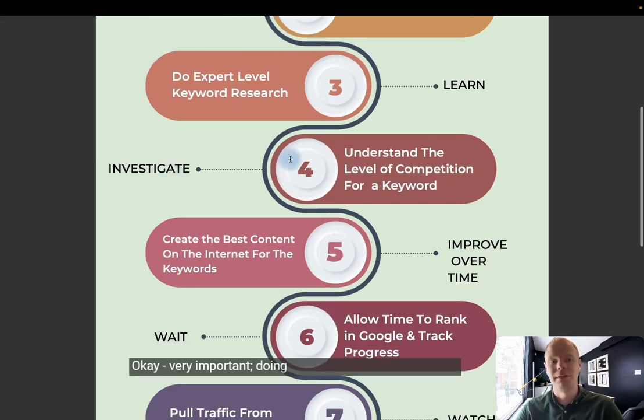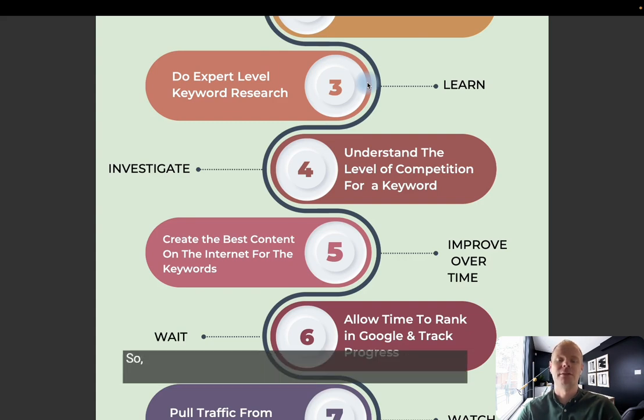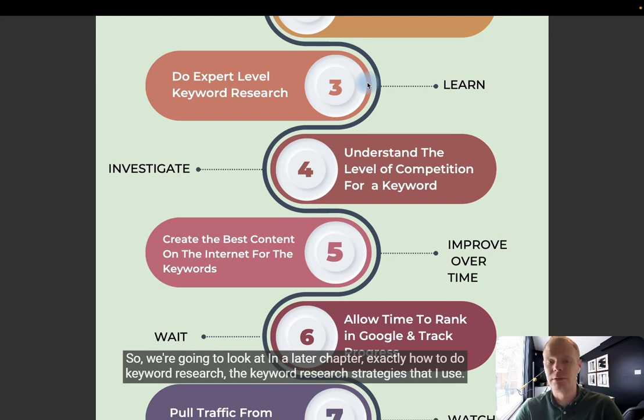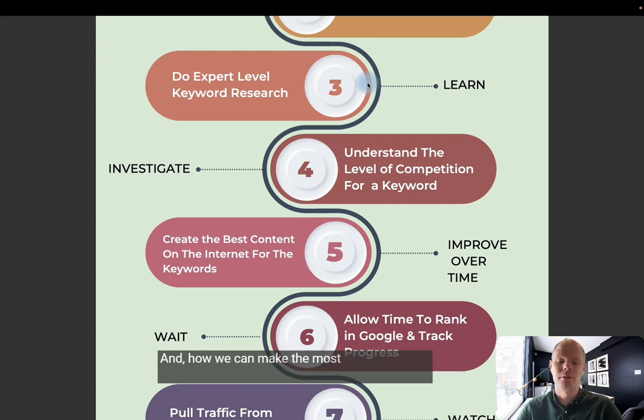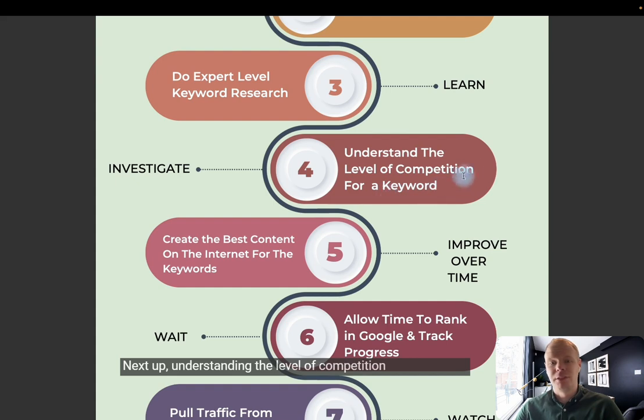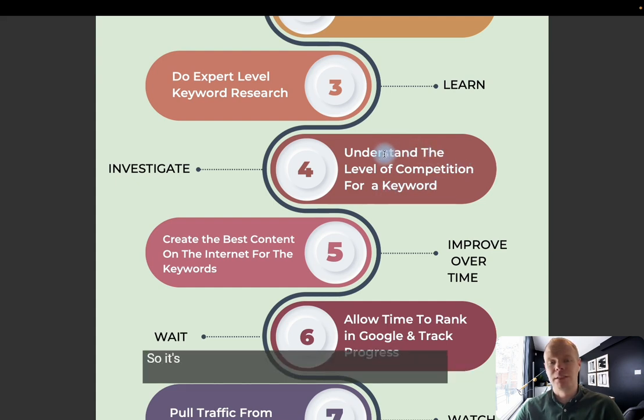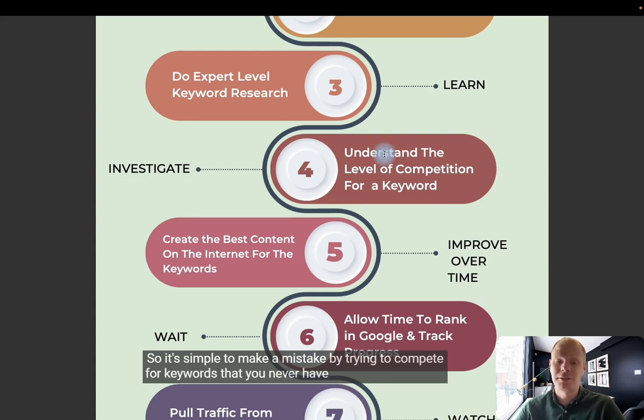Okay, very important, doing expert level keyword research. We're going to look at, in a later chapter, exactly how to do keyword research, the keyword research strategies that I use, and how we can make the most of each of the articles we create by targeting a keyword with volume. Next up, understanding the level of competition for a keyword. It's simple to make a mistake by trying to compete for keywords that you never have a chance to rank for.